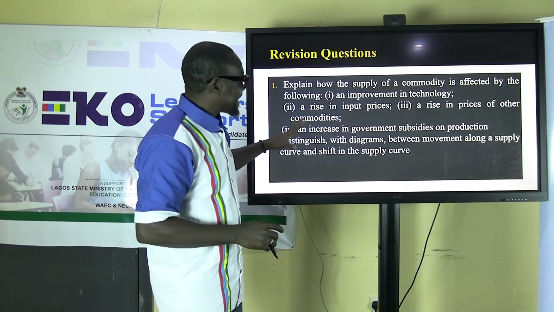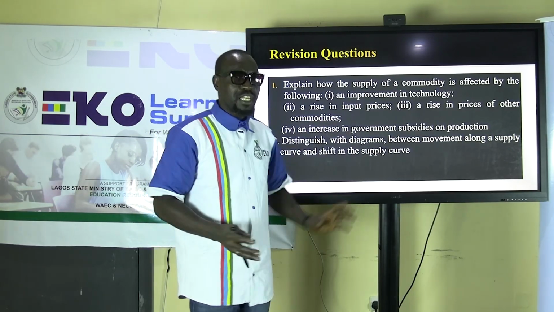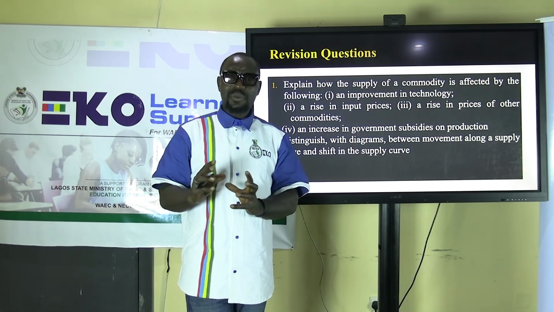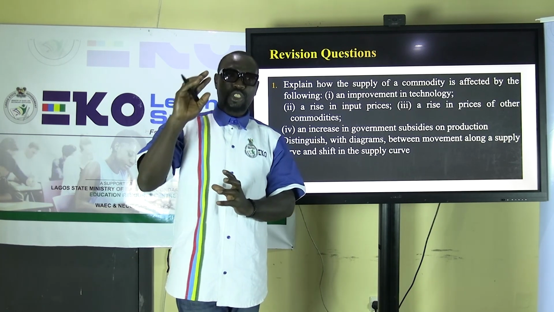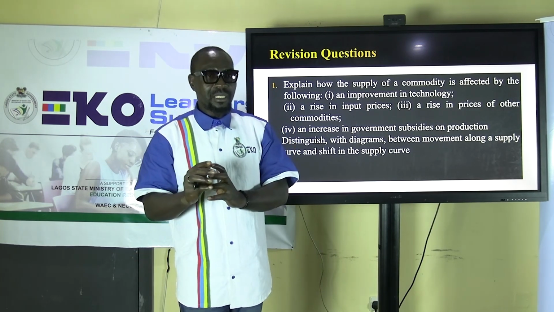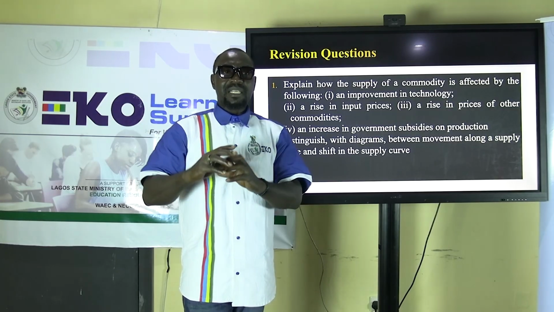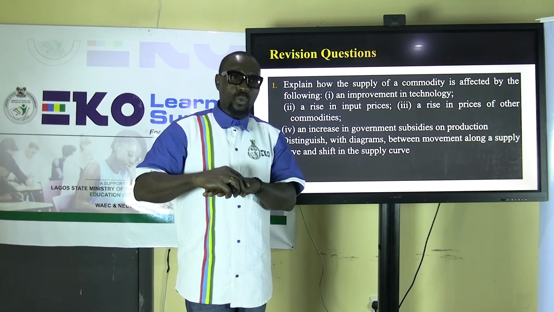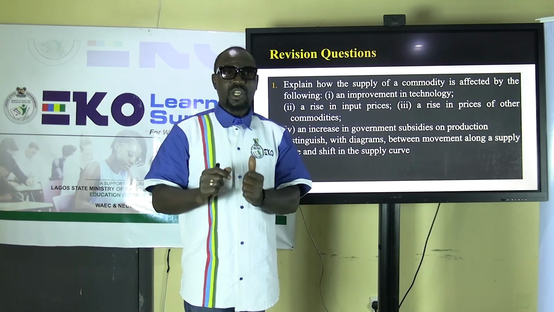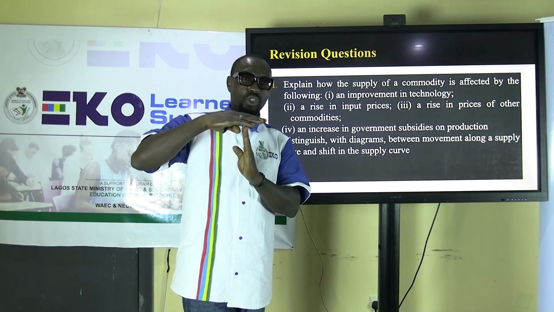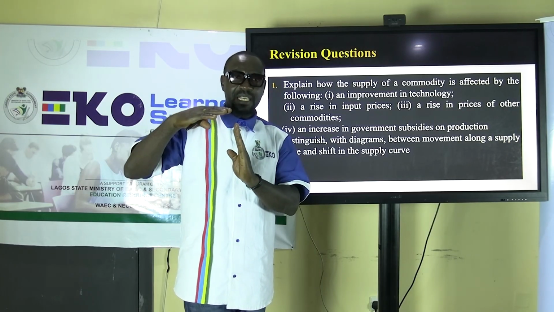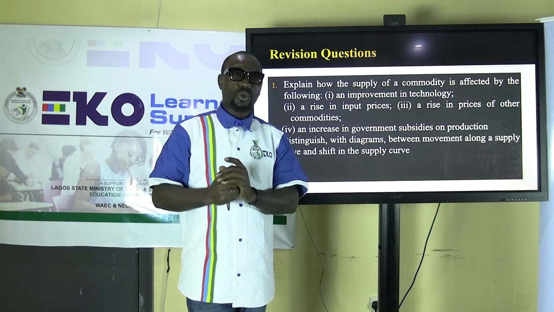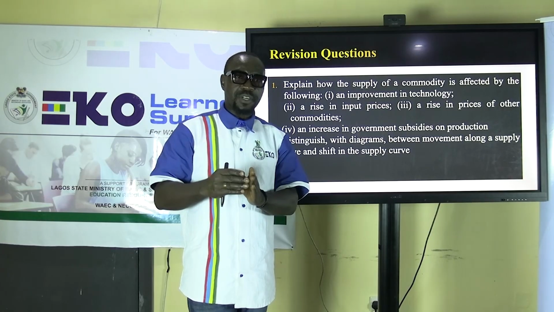Okay, so if there's an increase in subsidy, if the government makes more subsidy available, it means the government is subsidizing the cost of production, or depending on the industry, the subsidy could also be impacting on the price, meaning that where the cost of production is high, the government decides to fix a maximum price and then goes ahead to subsidize the producer with the difference.